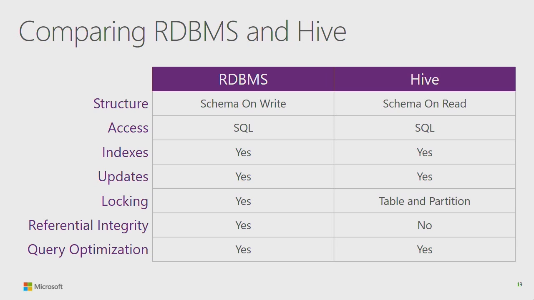In terms of access, both use SQL. Indexes, both offer indexing, and this is actually a very powerful thing. We will discuss this in our future session on optimizations. Updates, Hive actually recently allowed you to do updates. Locking, you can do both table and partition level locking with Hive. There is no referential integrity with Hive, whereas that is available in relational databases.